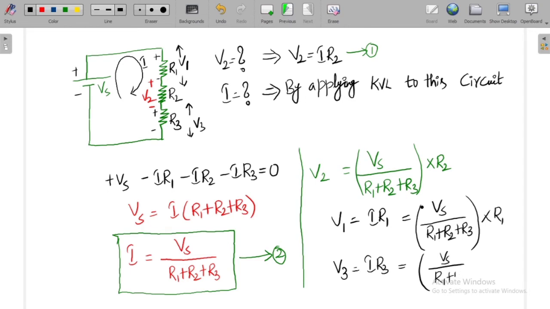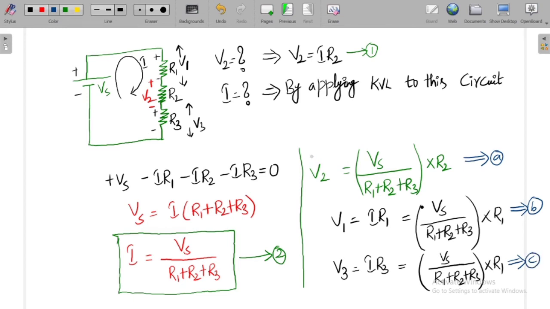I is common for each, so it is Vs by R1 plus R2 plus R3 into R3, right? This is the first equation. Consider this equation as A, this as B, and this equation as C.